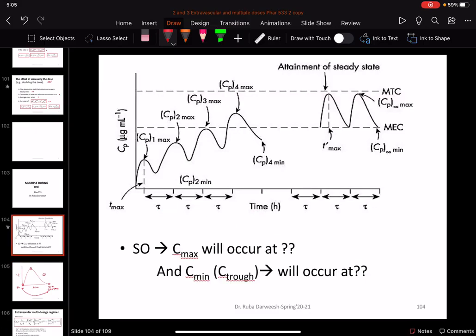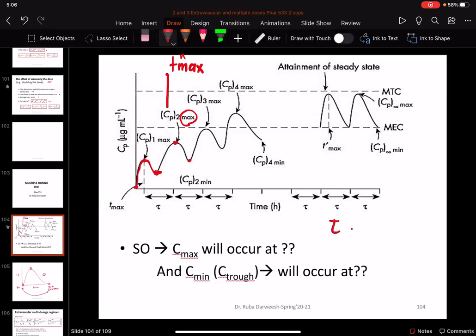So this is the only difference, graphically, with the IV bolus. That's why for each dose we start with 0, then maximum, then minimum. The maximum happens at Tmax for each nth dose, not at time equals 0. But still, the concept is the same.